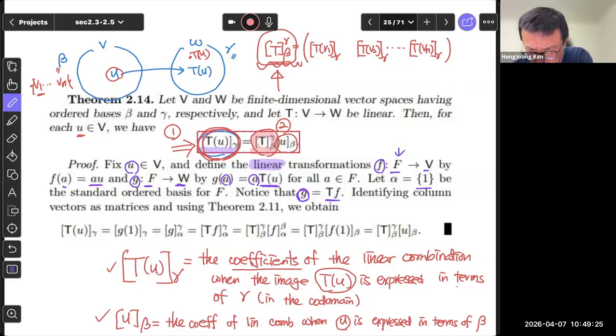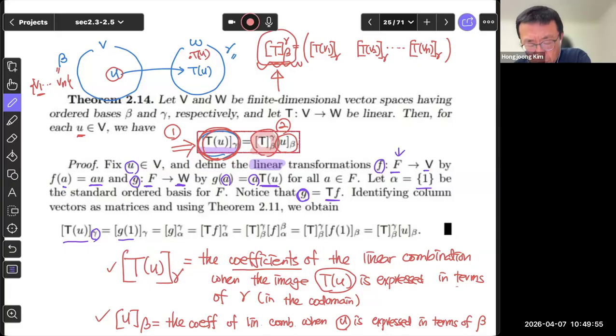So these coefficients of the image T of u is the image of 1 under G mapping, right? When 1 is mapped under G, G maps any number a to that number multiple of T of u.